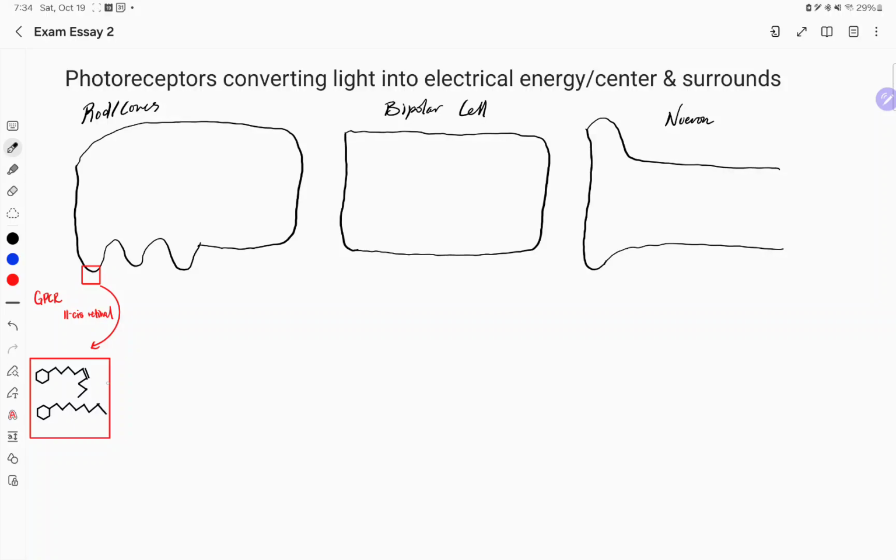So it's going to straighten out like this with light. And when light hits this 11-cis-retinol, turning it to 11-trans-retinol, it's going to kick off an alpha subunit, right?